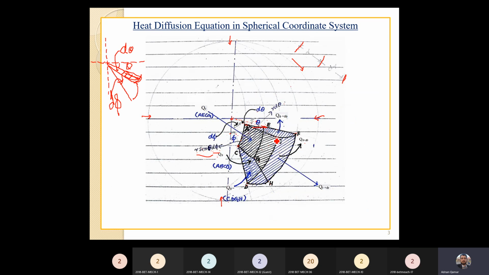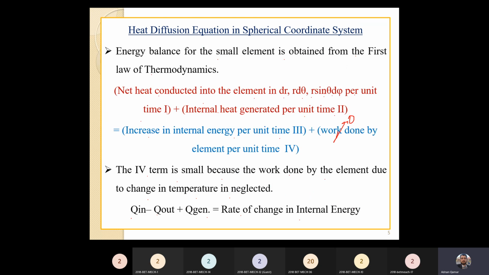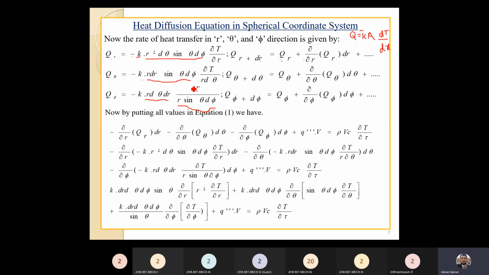A, B, C, D. So this side is r sine theta d phi, and this side is dr. So multiply these two with each other.